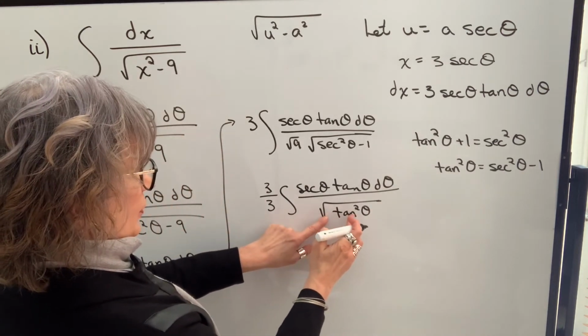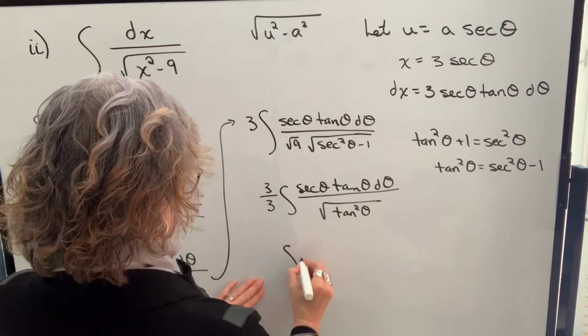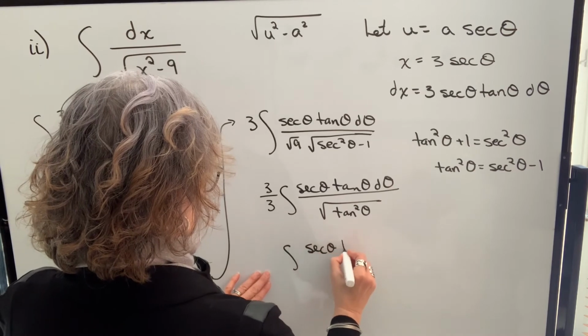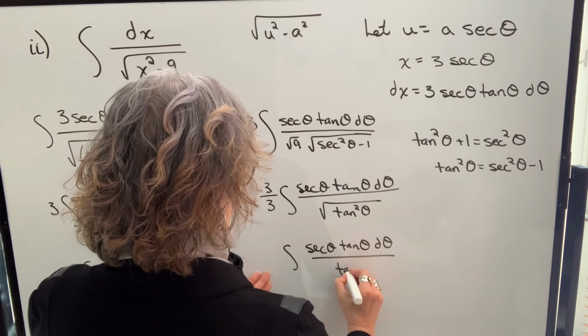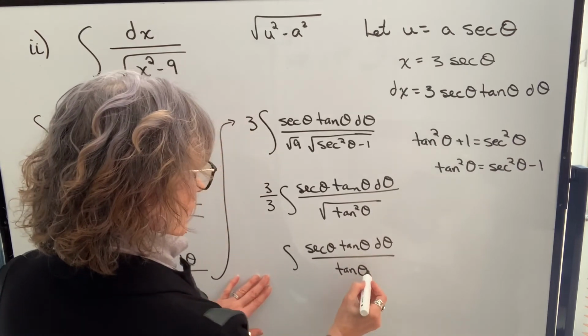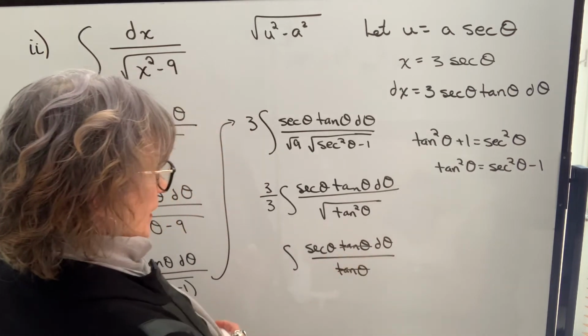The square root of tangent squared theta is just tangent theta, which I can cancel that factor.